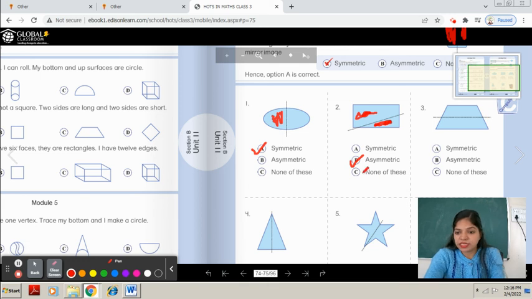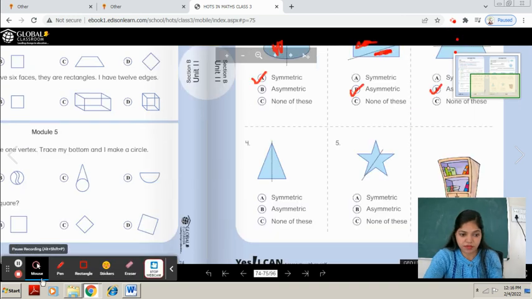And now you can see this part doesn't cover this part. When you fold it, you will observe that this half doesn't completely cover this half. So this is the example of asymmetric.